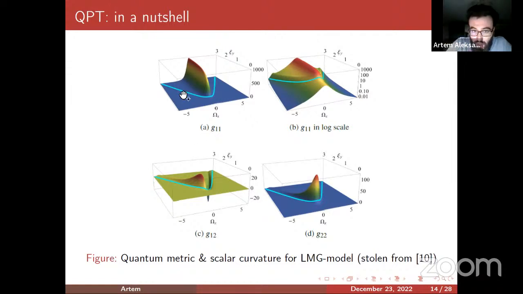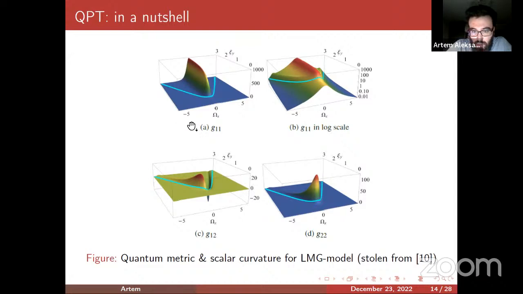The main point is that this blue line corresponds to the phase transition, the critical line. And the main point is that you can capture the quantum phase transition from the analysis of the quantum metric and the scalar curvature.